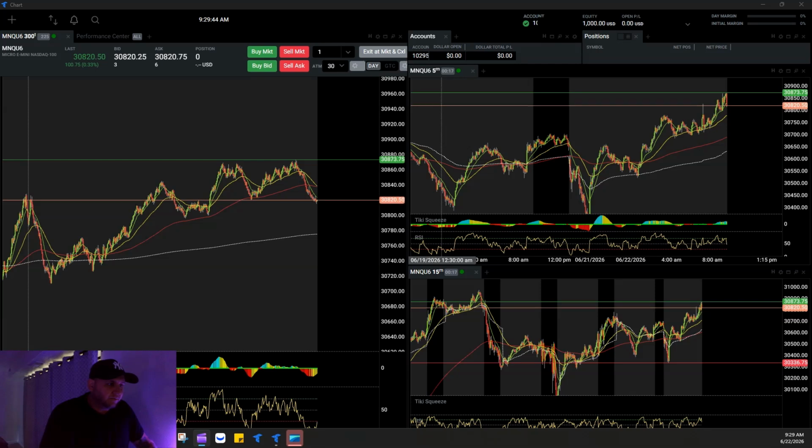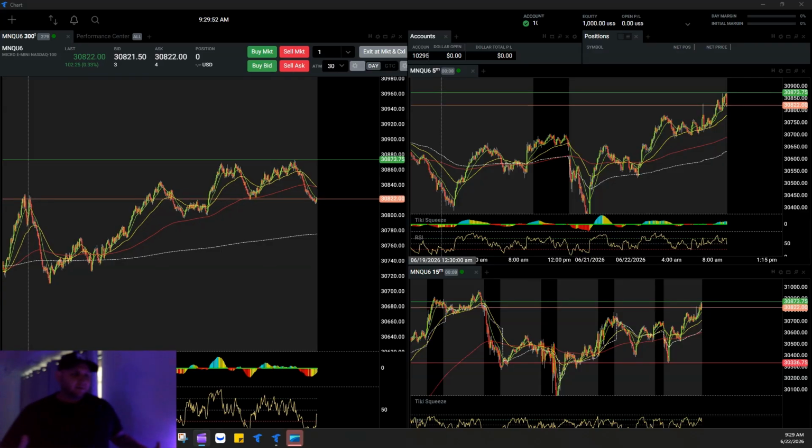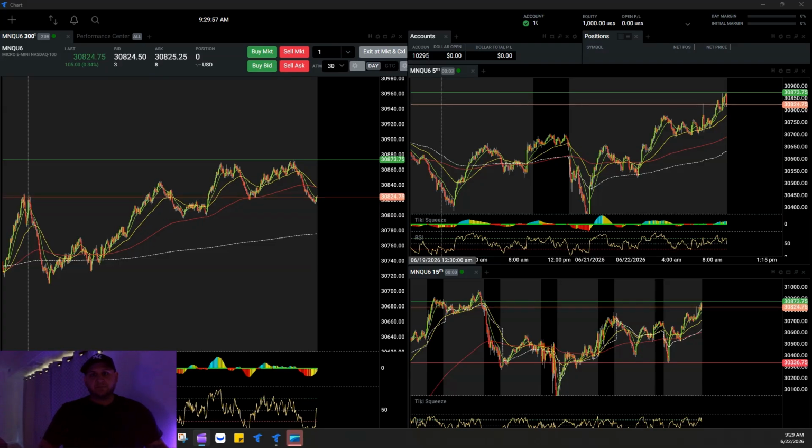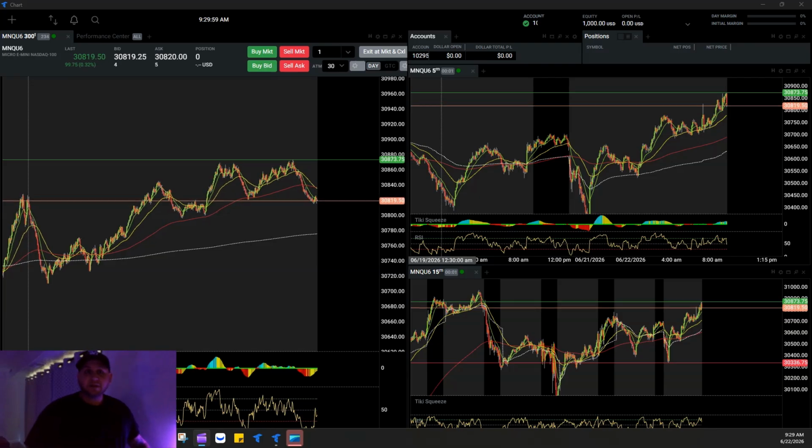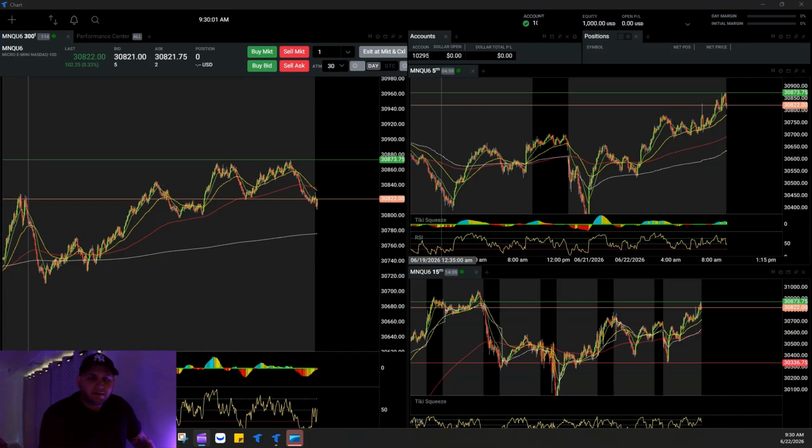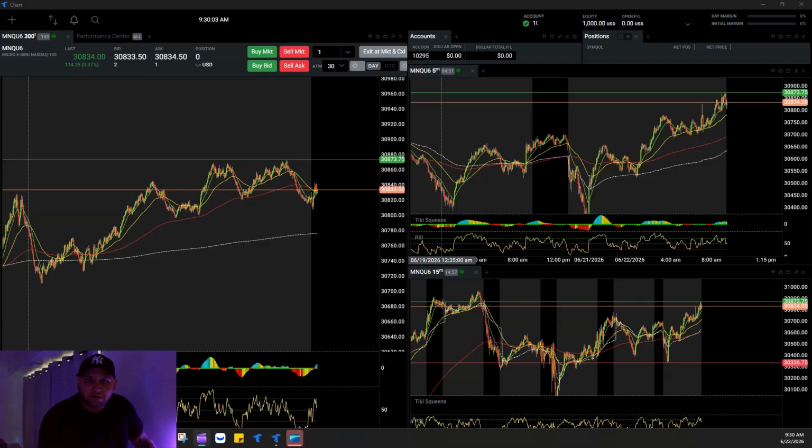Now you want to make that $1,000, $500 stretch as long as possible, so you always got to have some kind of risk management in place. What I have here is basically a $60 max loss. So I only want to take one trade a day. If I win, I win. If I lose, I lose.